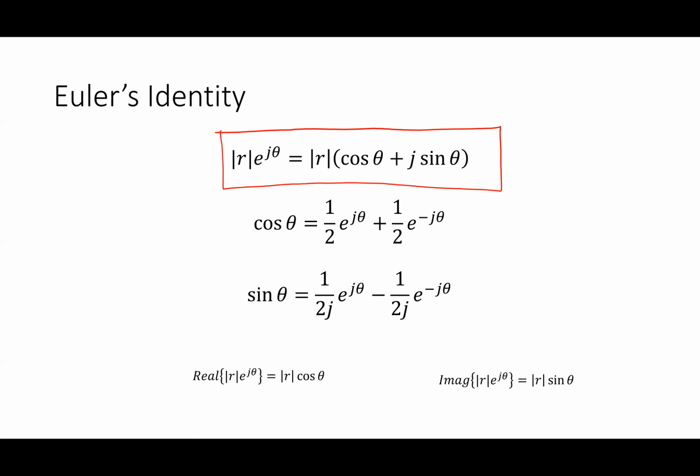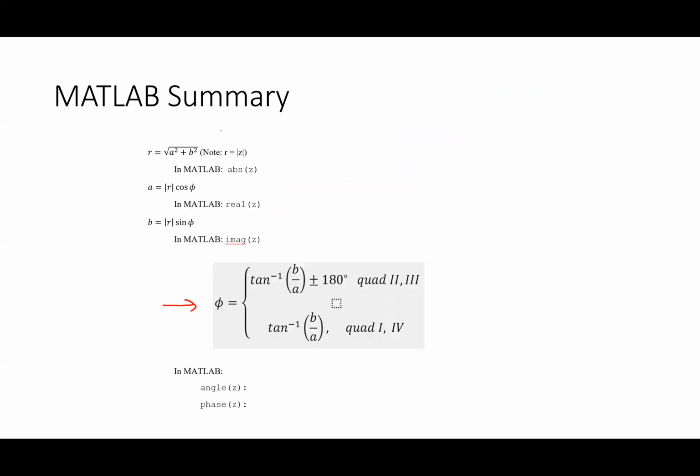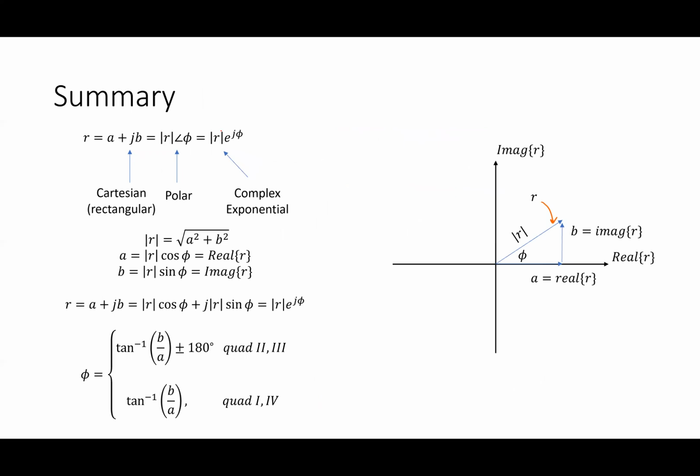Now, what comes from that are these two relationships, cosine and sine. We don't need to worry too much about how to derive those two things, but you should know that they exist. In my mind, stuff like what's on this page should become second nature to you without needing a cheat sheet.